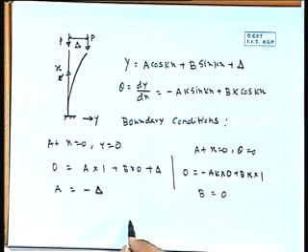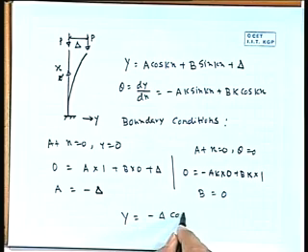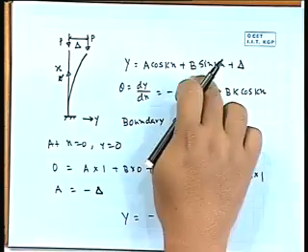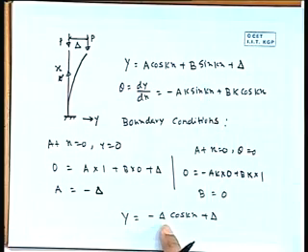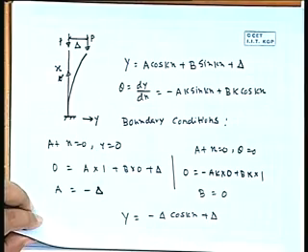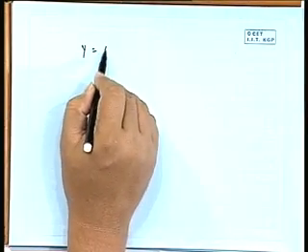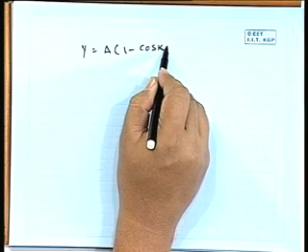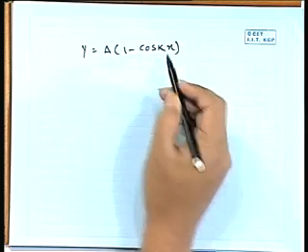So, we can write y equal to minus delta cos kx plus delta, right. So, b equal to 0, a equal to minus delta, or we can write y equal to delta into 1 minus cos kx, right.